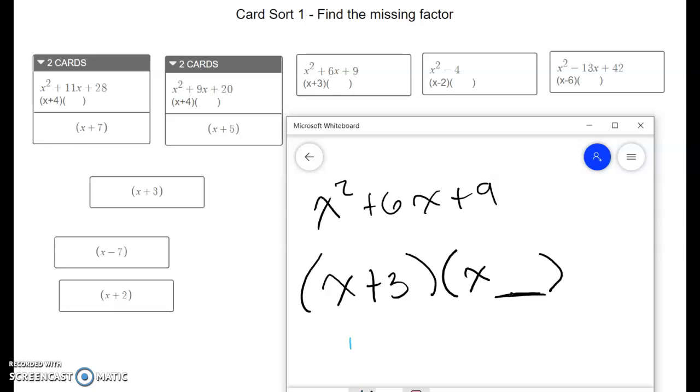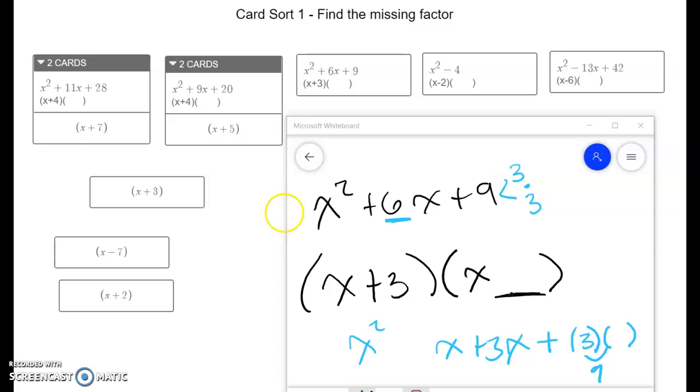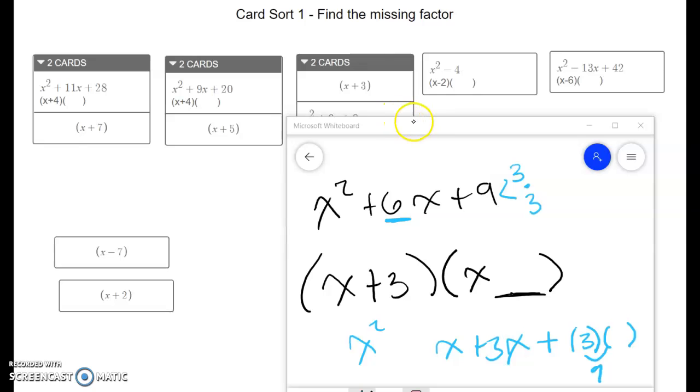I know that I have x squared and then plus or minus some type of x, plus 3x plus whatever. 3 times a number is going to give me 9. Well, I know that the factors of 9 are 3 and 3. So it's got to be 3. But let's see. Does 3 plus 3 give me 6? Yeah, because remember, I still have to get this number. So it's definitely going to be a plus 3 for this one.